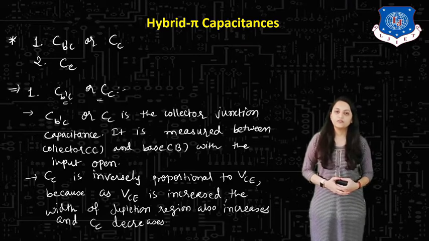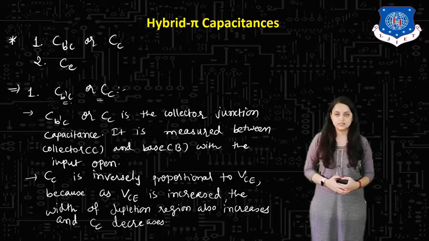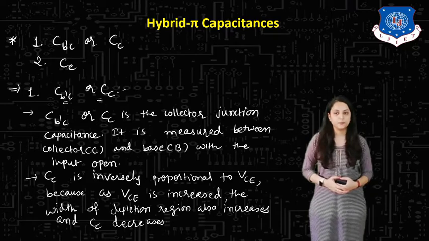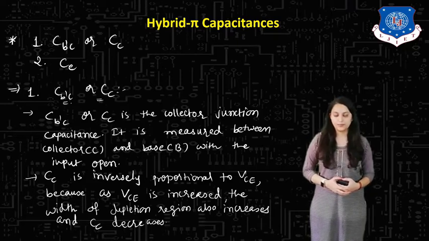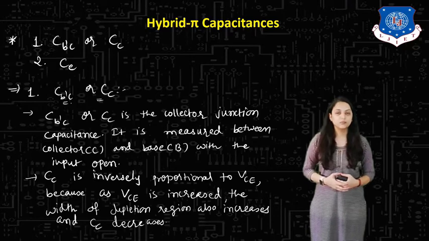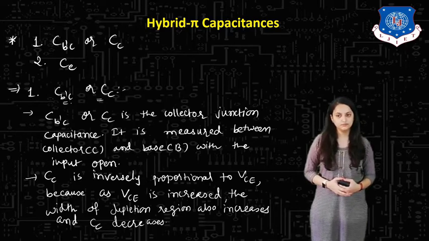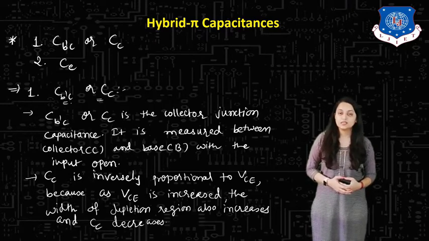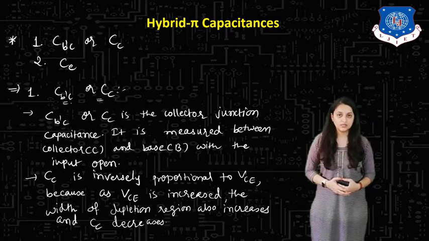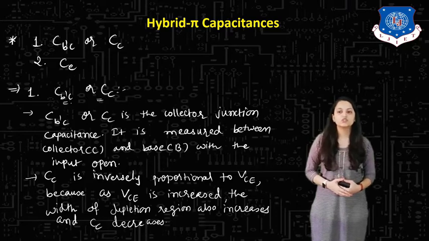Let us see the first one, CB'C or CC. This is the collector junction capacitance and it is measured between collector and base with the input open. This is inversely proportional to VCE, because as VCE, the voltage across the collector emitter terminal, is increased, the width of the depletion region also increases and CC decreases.